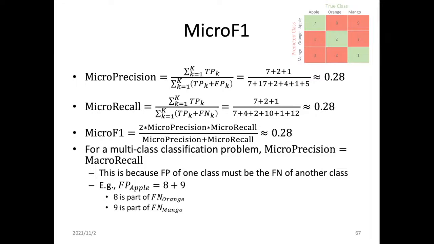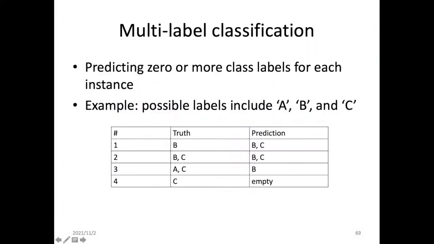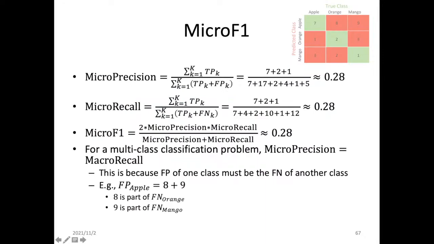And for a multi-class classification problem, micro recall and macro recall, they happen to be the same number. So I think the reason is you just plug in the numbers and you will see why.